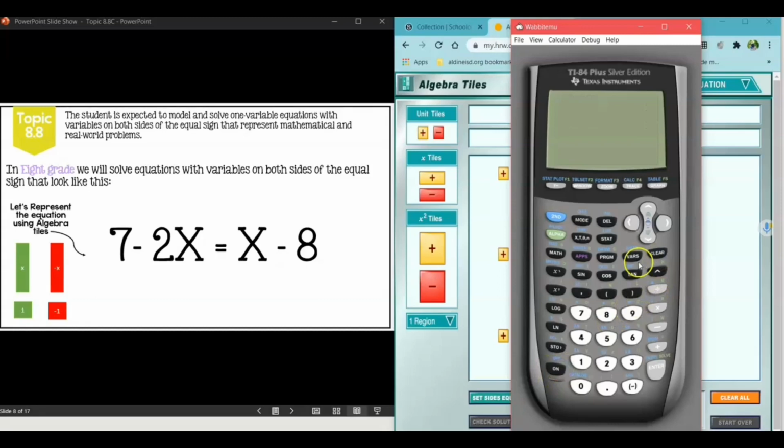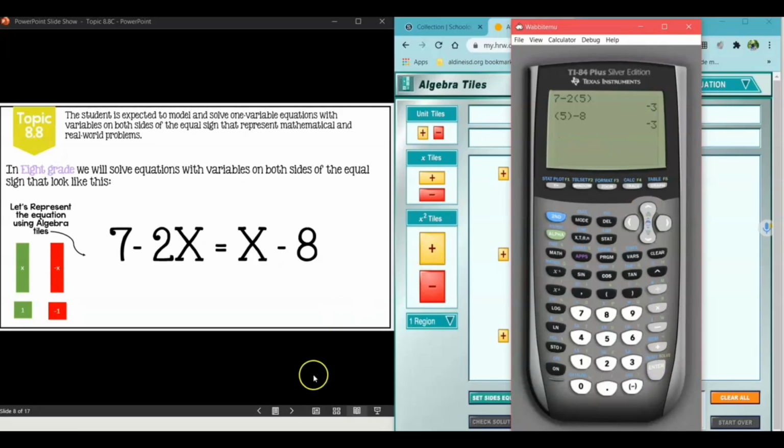I'm going to start with the left side first. 7 minus 2 times 5. Okay, I get negative 3. Now I'm going to go to the right side, and I should get negative 3 if my solution is 5. So where there's an x, I'm going to put 5 minus 8, and I get negative 3. So yes, x equals 5 is our solution for this example.